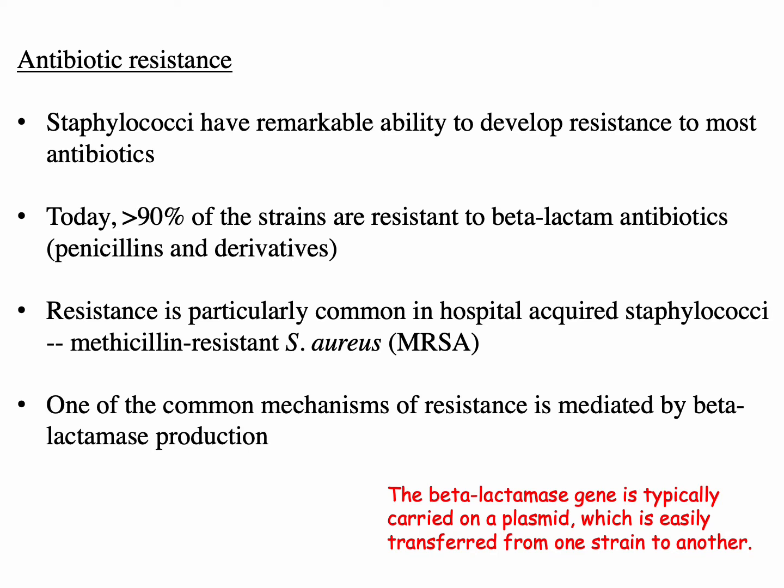In fact, one study showed that greater than 90% of the strains are resistant to beta-lactam antibiotics. Beta-lactam antibiotics refer to penicillin and other derivatives of penicillin. So that is remarkable, because you have greater than 90% of strains resistant to penicillin and other penicillin-like antibiotics, that make penicillin basically useless.